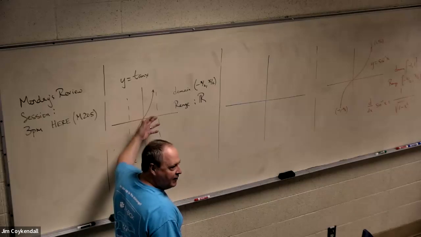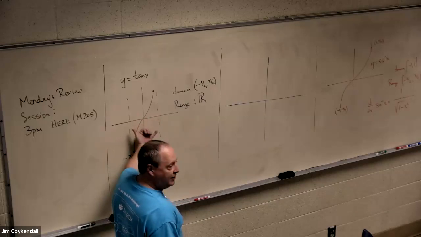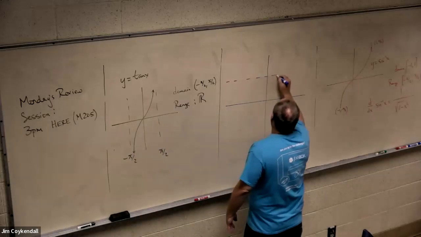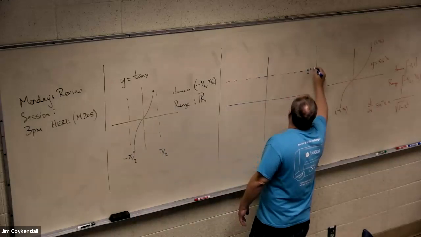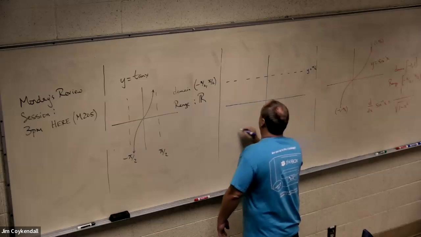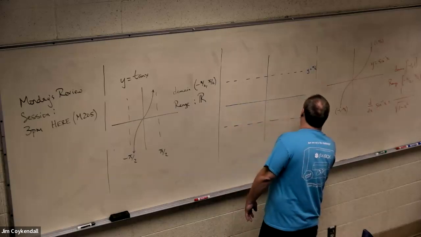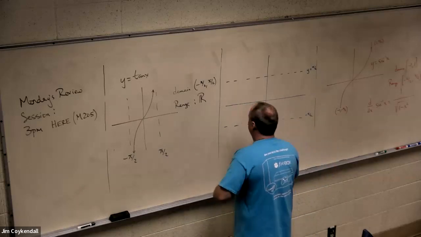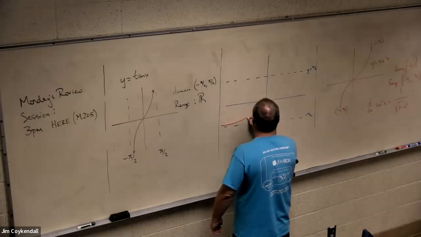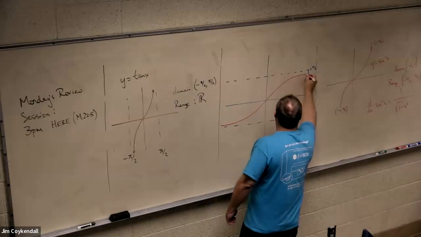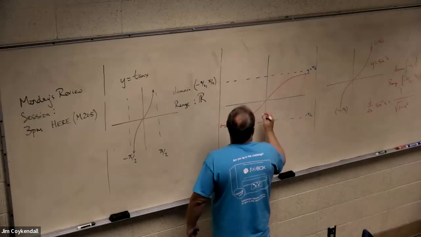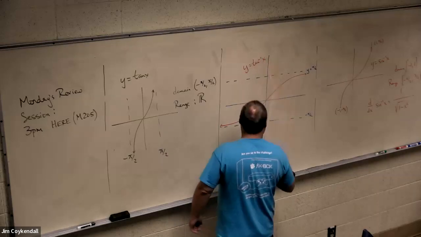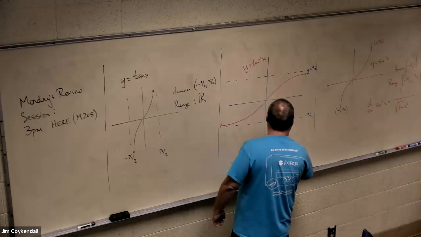Because when I flip this around the line y equals x, these vertical asymptotes have to become horizontal. So it goes like this.